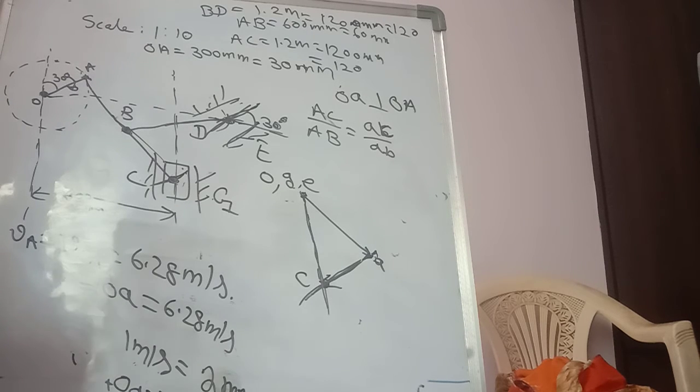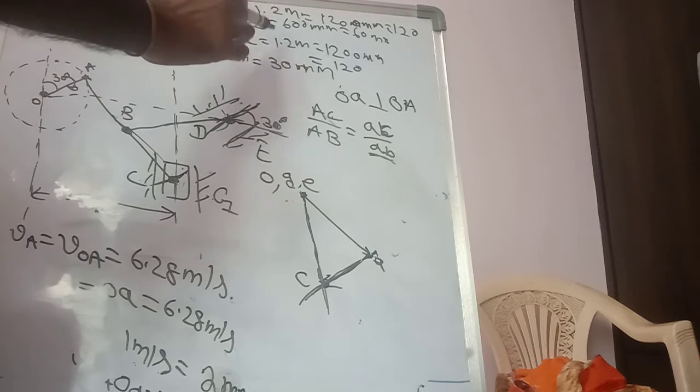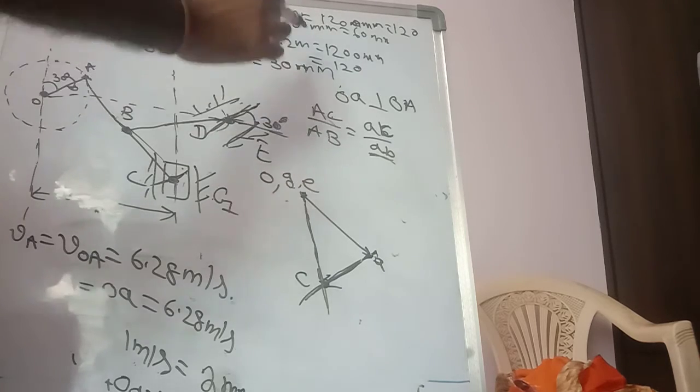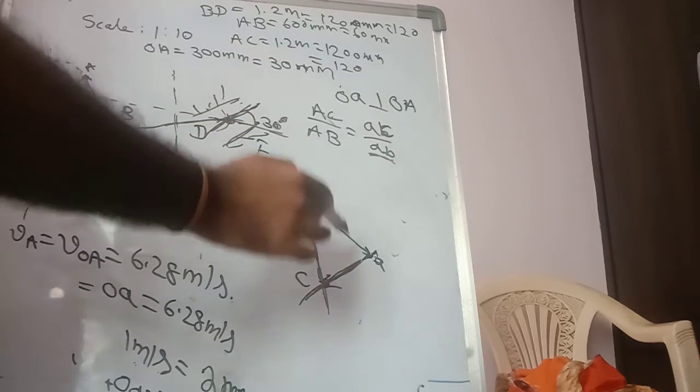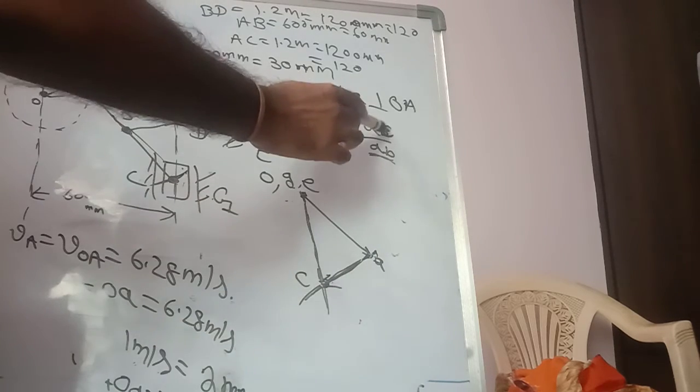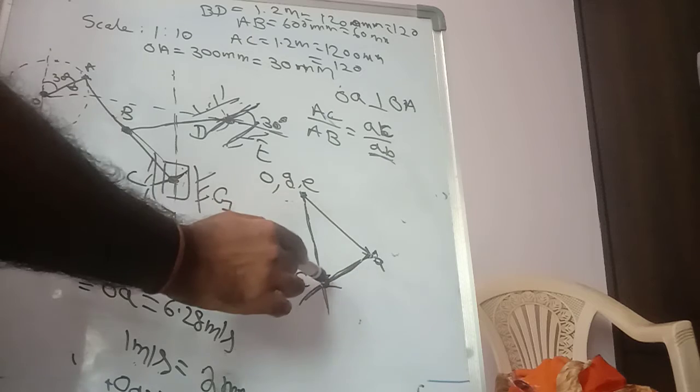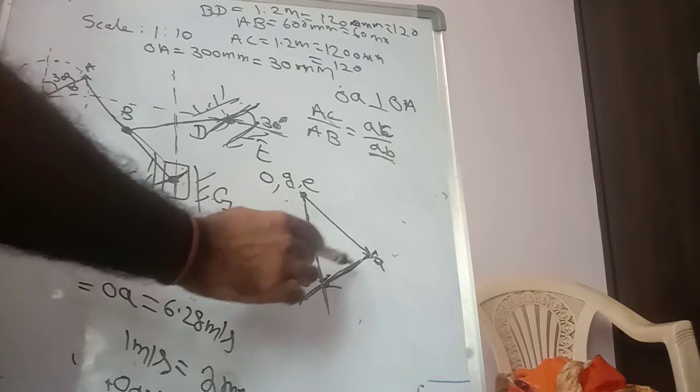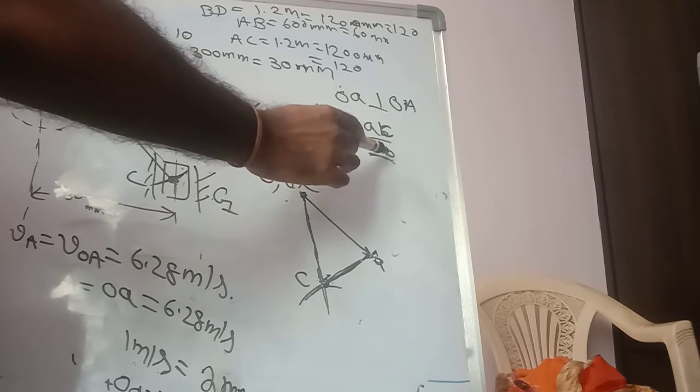So using that relation, we can find the small ab, because the AC length is known. What is the AC length? 1200 mm. AB length is known, 600 mm. And the ac length, measure here and put the same length here. For example, if you get it as 20 mm, you substitute 20 mm.